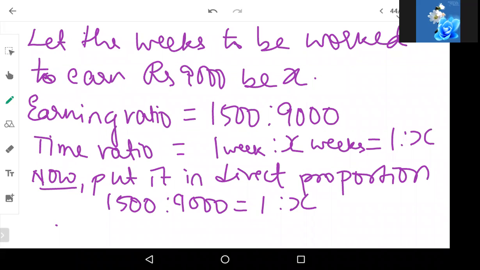Okay. Now we have three numbers given and we are supposed to find the fourth proportional. So let us do the working as we did before. Product of extremes is equal to product of means.